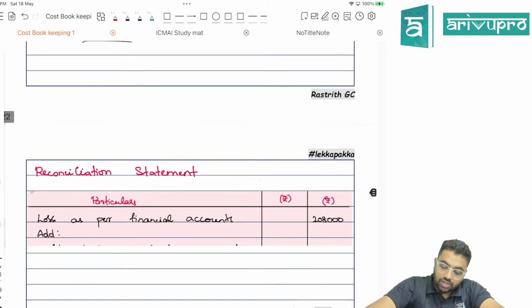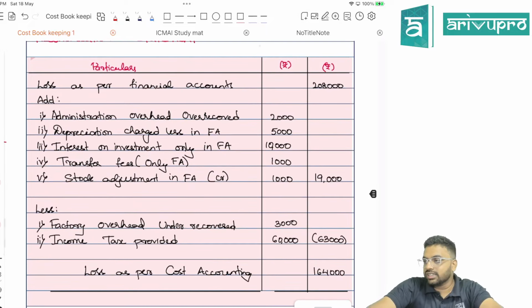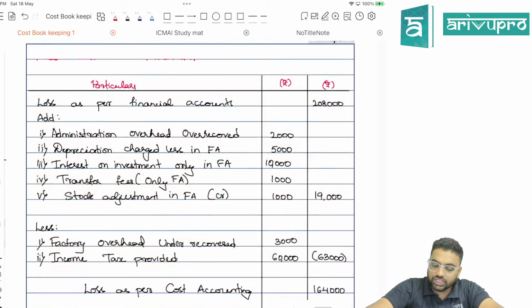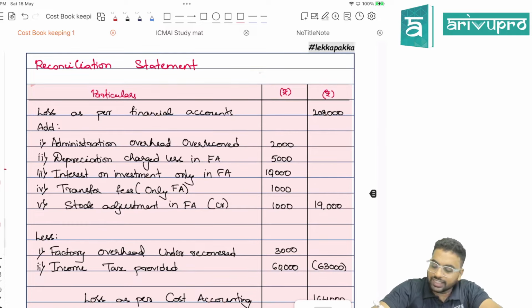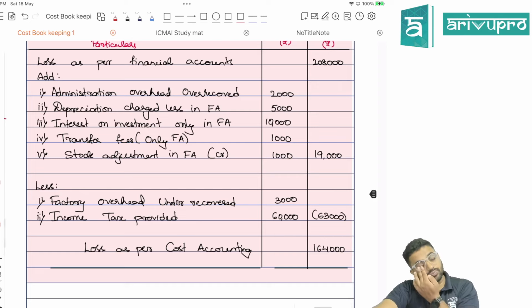Here in the book they have taken financial accounts as a base. Please consider accordingly and do. Whatever we have taken as an add, here they should have taken it as a minus. See, this item, factory overhead under recovery, interest, income, they would have taken as a less. All other things we will take as an add and we'll present it this way.